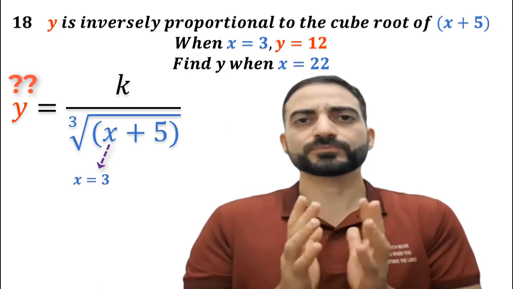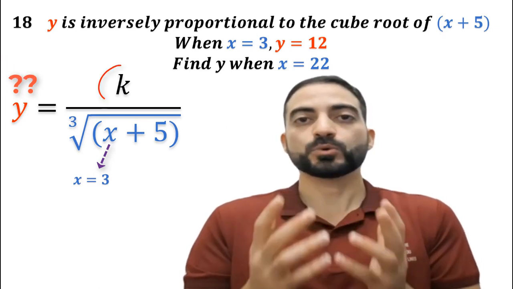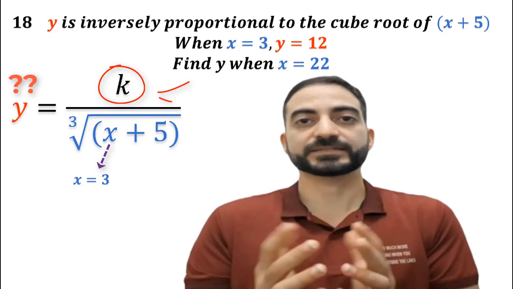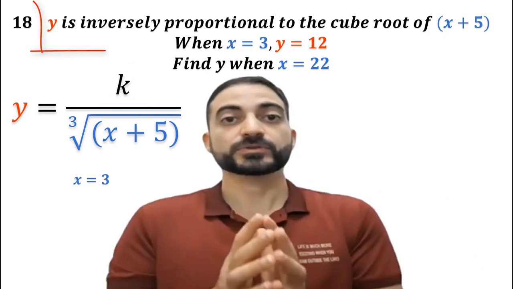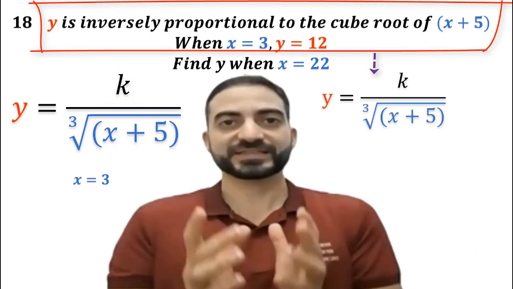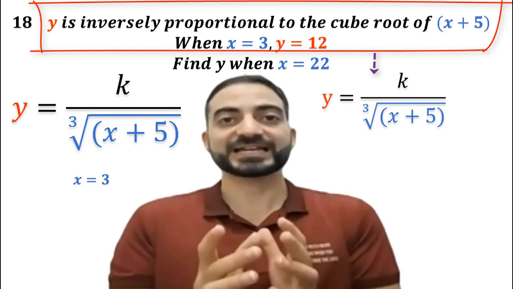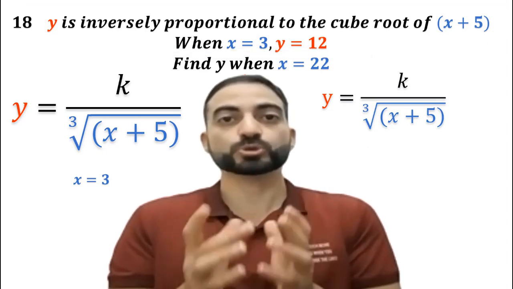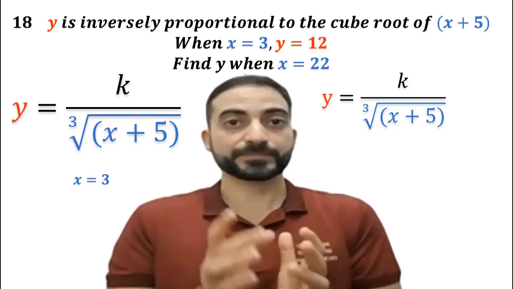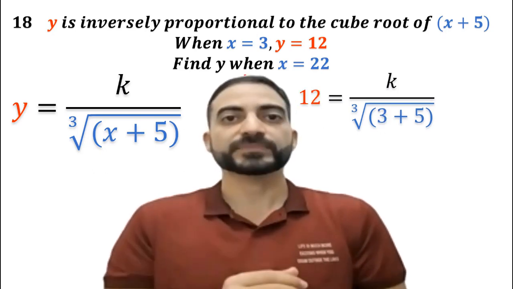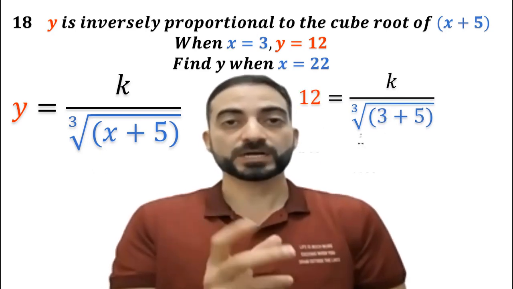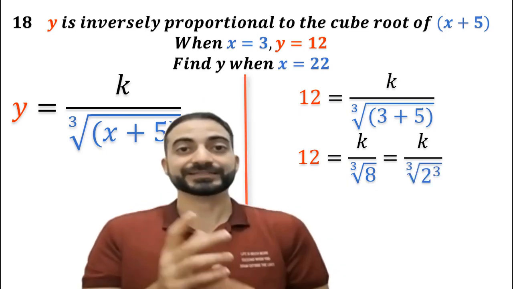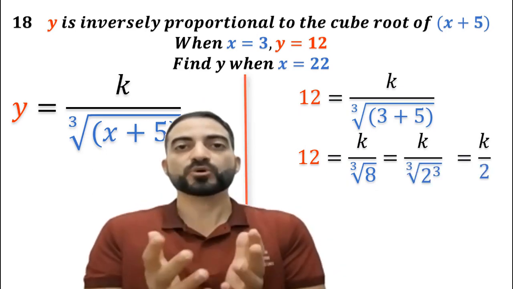But we have a small problem, which is to get k first, and we put the answer here. We can get k through this given, because in this given we have x equals 3 and y equals 12. So we put 3 in place of x and 12 in place of y, so we can get k easily in this way.